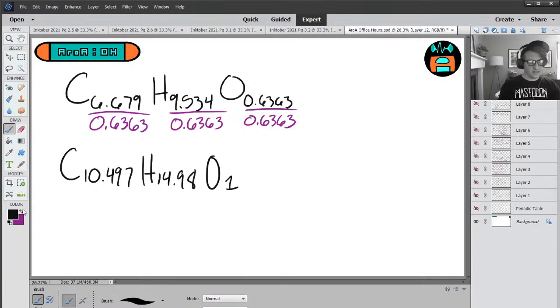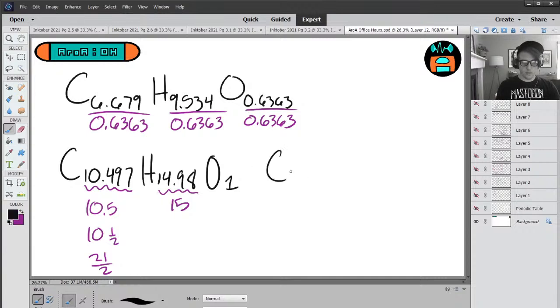All right, so this is 15, right? 14.98 is 15. 10.49 is 10.5. That is 10 and 1/2, or 21 over 2. So we've got a fraction here that we got to deal with. So this carbon is 21 over 2. Hydrogen is 15.